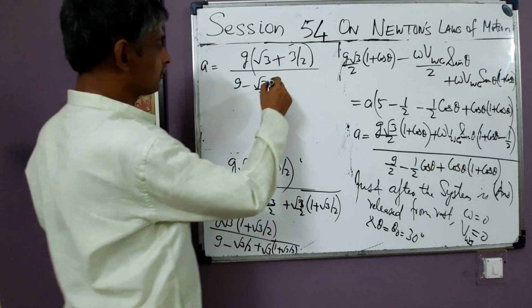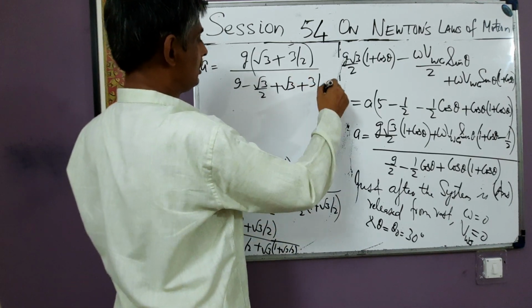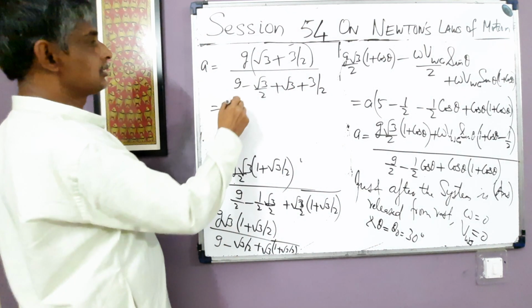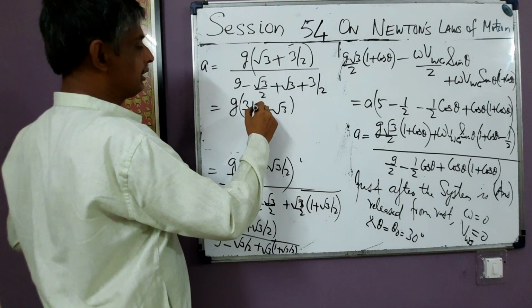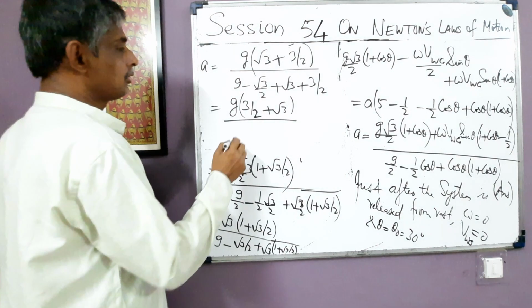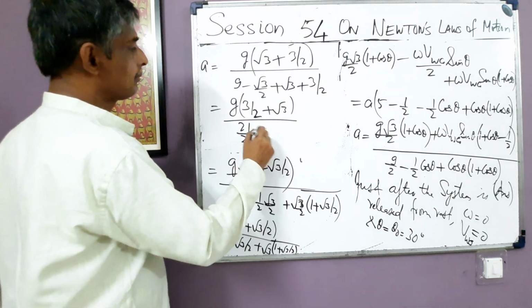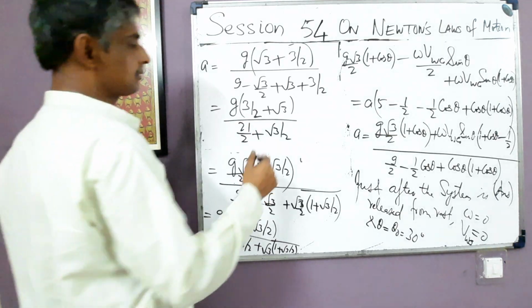Here root 3 into 1 becomes root 3. And root 3 into root 3 becomes 3. 3 by 2. Okay. So this becomes G 3 by 2 plus root 3 upon 9 plus 3 by 2 becomes 21 by 2 plus root 3 by 2. So this is therefore the required answer.